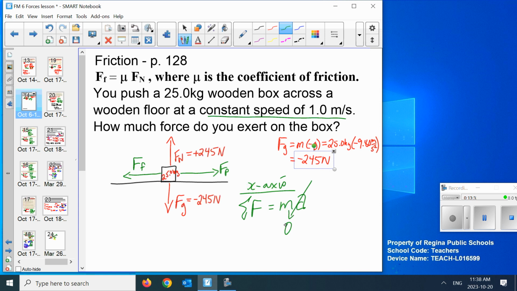I don't care what the mass is. We know the mass, but it doesn't matter. It's 0, mass times acceleration. The force of friction and the push force add up to that. They're equal and opposite.